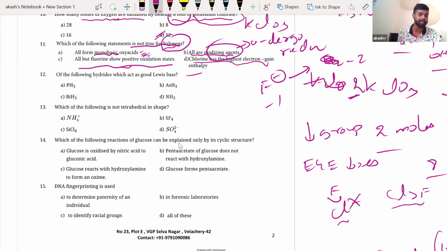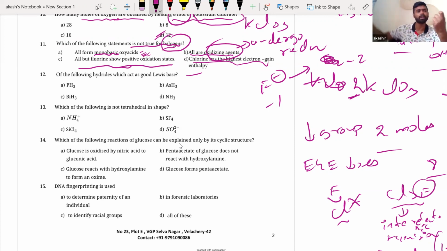Chlorine has more electron gain enthalpy than fluorine because of, I think you remember this, inter-electronic repulsion. Fluorine is already very small. So if I try to add an electron to fluorine, the existing electrons will repel the incoming electron because of its very small size or high charge density. So it is a little tough to add an electron to fluorine compared to chlorine. That is why chlorine has the highest electron gain enthalpy.